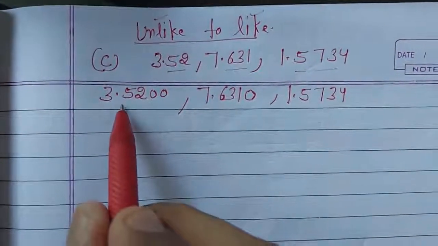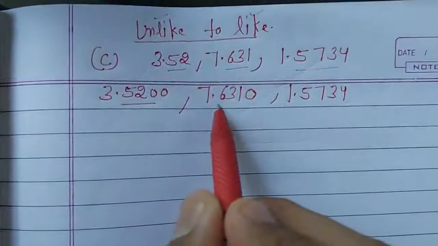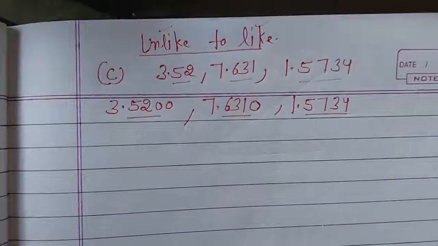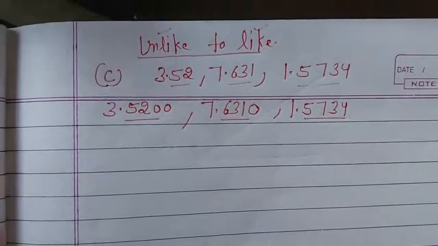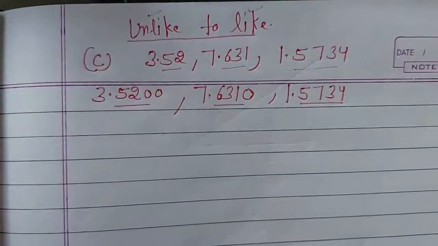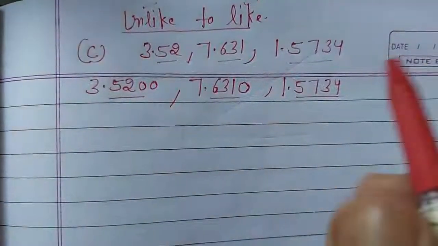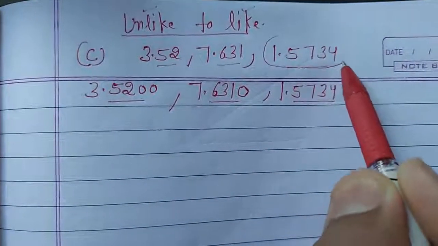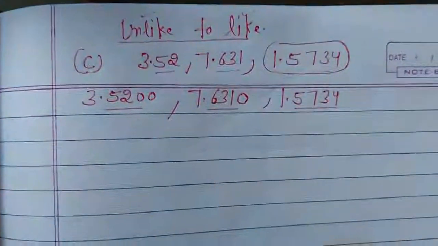Here 4 digits are there, here 4 digits are there, here 4 digits are there. Now it has changed into the like decimal category. So if you want to convert unlike to like, you just have to place zeros at the back of a number. First you have to identify the number which is having the maximum number of digits after the decimal.